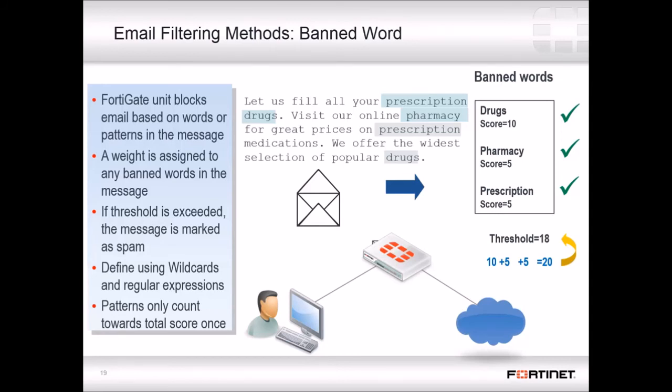If not, the email is not spam. This allows you to make some keywords that will not cause emails to be blocked if they are detected on their own, and others that will. Banned words are manually configured and should be maintained by your email administrator. A poor banned word selection will result in false positive detections.